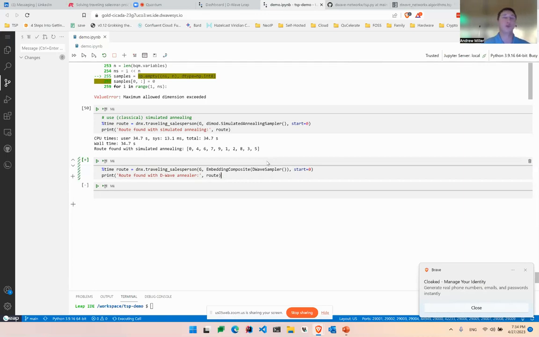One thing to note, it will be slower than simulated annealing, as you can see already. But I think at some point, when you have a large enough problem, this becomes faster. That's how I understand it, but I can be totally wrong.